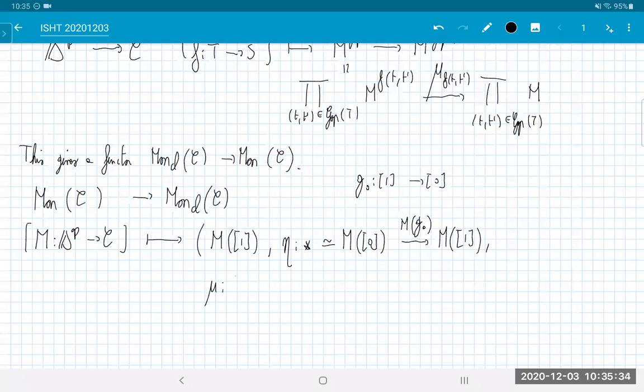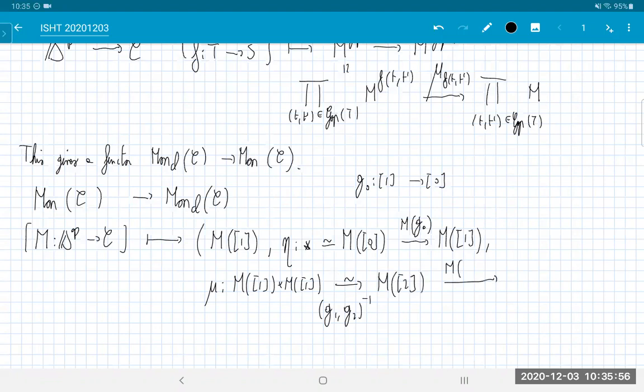And mu, I need a map from M of 1 times M of 1 to M of 1. Well, first I take the inverse of this map G1, G2, which is an isomorphism by the hypothesis of 2.